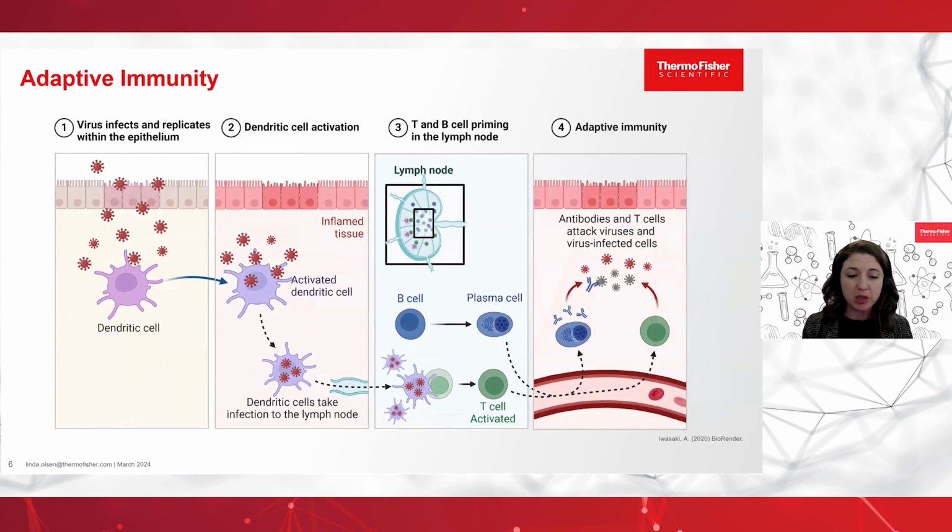Now, we'll go into much more detail on this as we go through our slides, but here's an example of how adaptive immunity might be sparked. So, in the case of a virus infecting our cells, a particular type of immune cell can ingest that microbe and then migrate into an area of the lymph node where we have concentrated immune cells, where there can be communication among them.